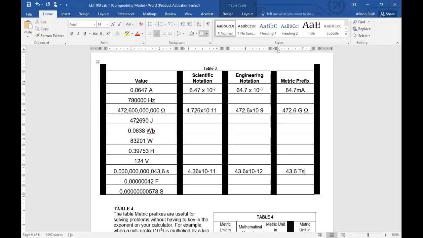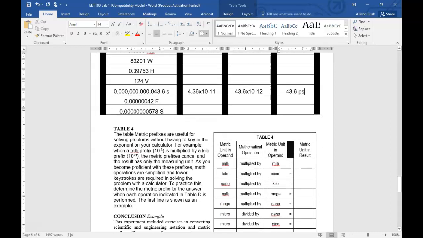So 43.6 teraseconds. I'm sorry, not teraseconds, picoseconds. So that is 43.6 picoseconds. All right.